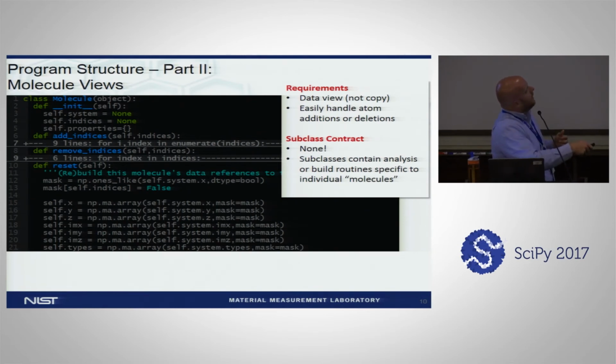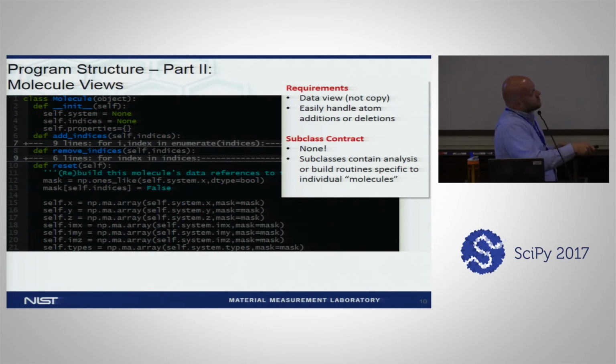The way we achieve this is through a NumPy feature called masked arrays. This allows us to reference a NumPy array that already exists and apply a mask to it. So now this self.x is referencing a subset of system.x and allows you, if you're careful, to modify just the subset of system.x that you want to modify.